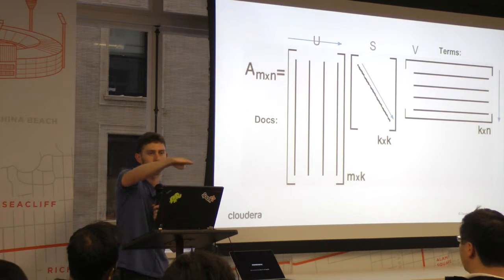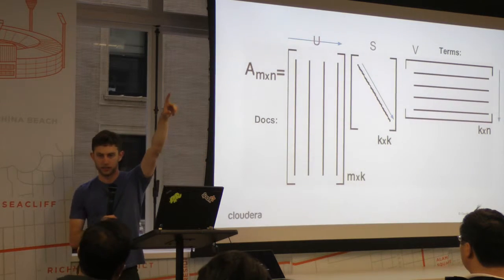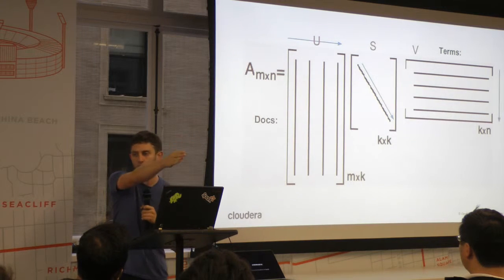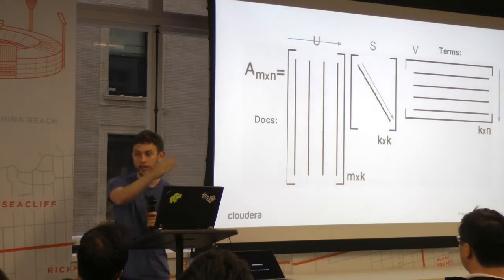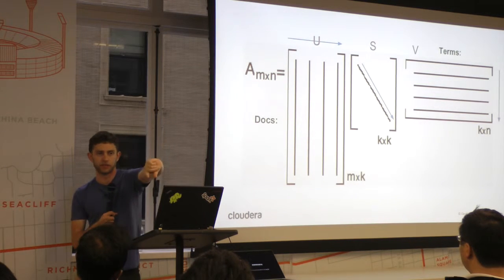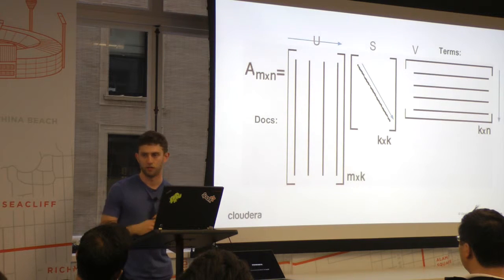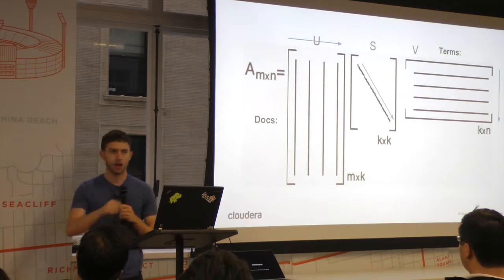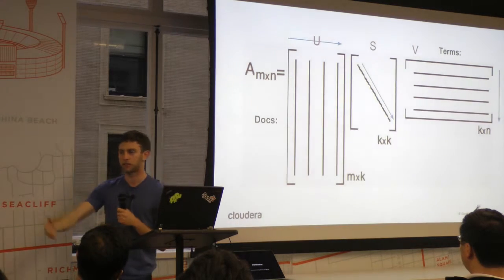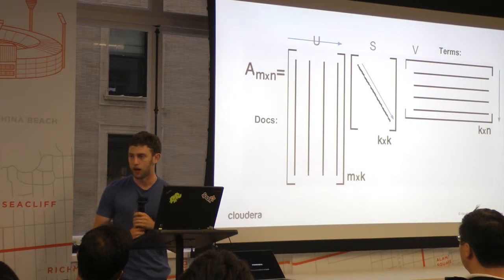If we look at our matrices, we have the documents on the rows, and each column is a particular concept. If we look at one of these columns of our document-concept matrix U, we'll have some value for every document. That value tells you how much that document participates in that concept.